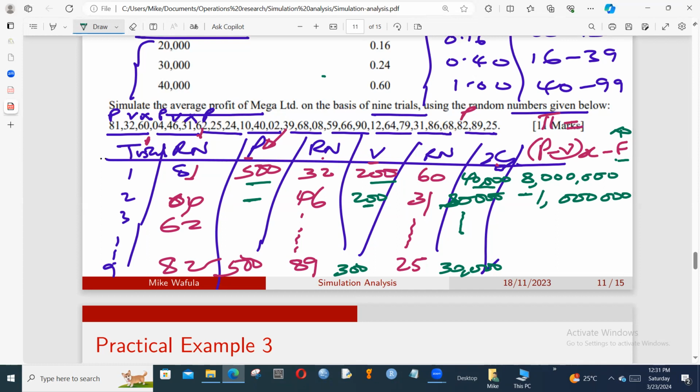So you can fill the entire column so that I want to hear now the last iteration.